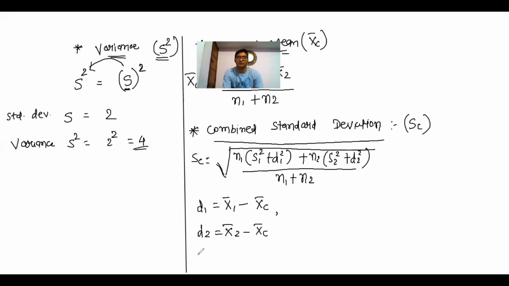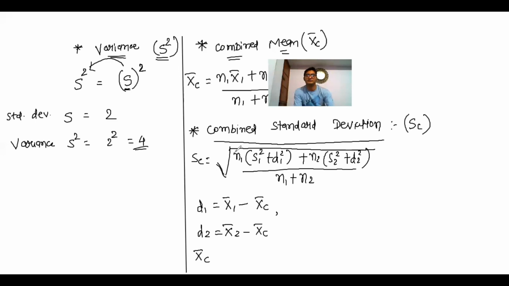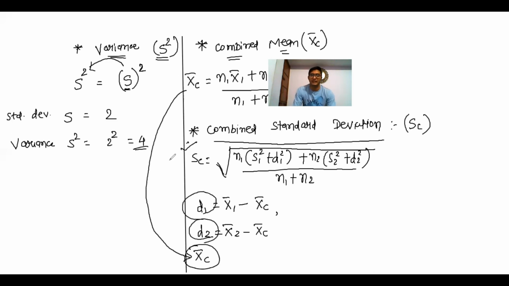And then you have to find x bar c, you know the formula of x bar c very well. So before solving this sum, you have to find x bar c, d1, d2, and then you can put the values in this formula. So this is related to combined mean and combined standard deviation. That's it.